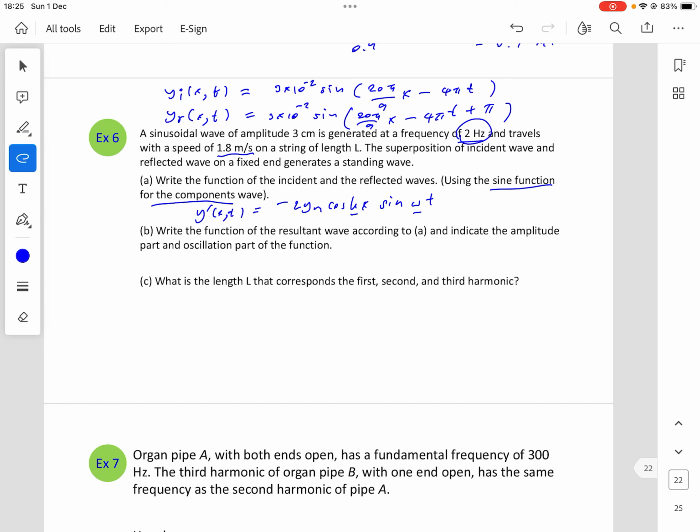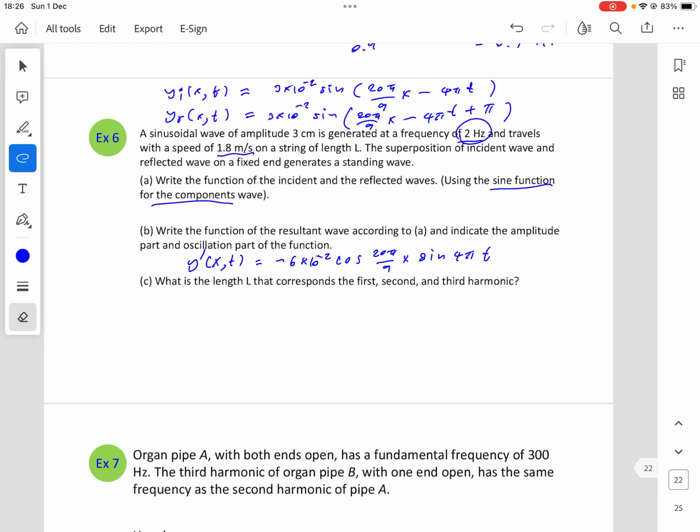Oh, sorry, this is the wrong one. Okay, I get it. So we put y plum x,t equal to, okay, minus 6 times 10 to the minus 2, and this will be cosine kx psi omega t, and this is a function of the resultant wave, right?